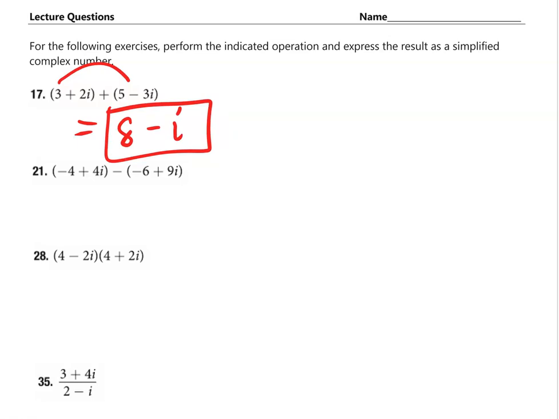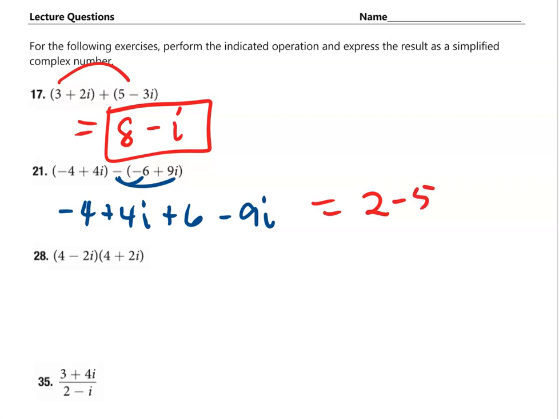Number 21: negative 4 plus 4i minus negative 6 plus 9i. You have to distribute the negative here. So negative 4 plus 4i, negative times negative 6 is positive 6, negative times positive 9i is negative 9i. This is equal to negative 4 plus 6 is 2, 4i minus 9i is negative 5i.